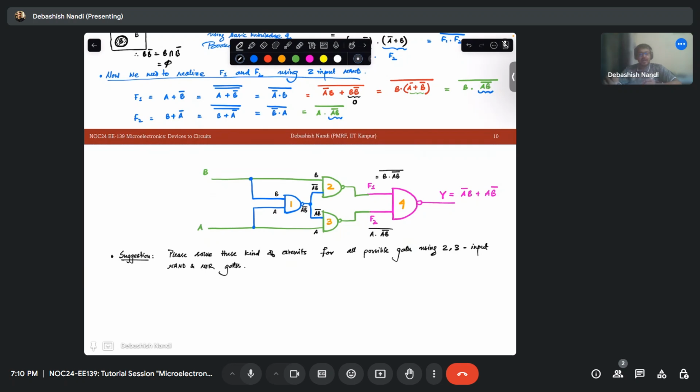Okay. NAND and NOR are called universal gates because any gate can be realized using NAND and NOR gates. I had given one home assignment regarding this 5 6 weeks back. Okay. I think you have done that. If you have done that, following this would be very easy.